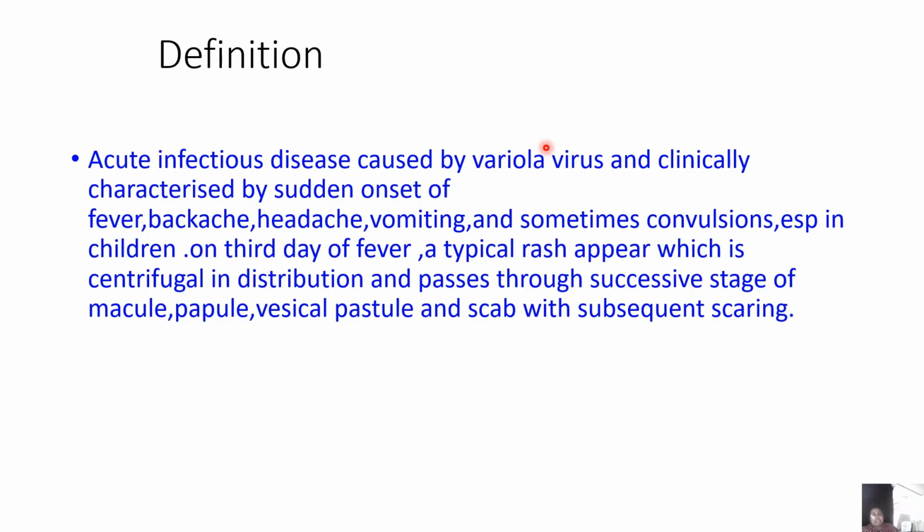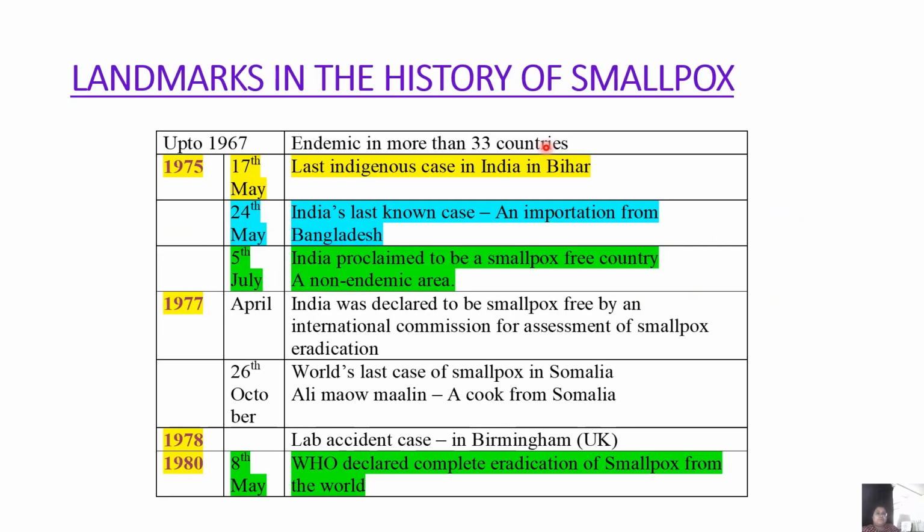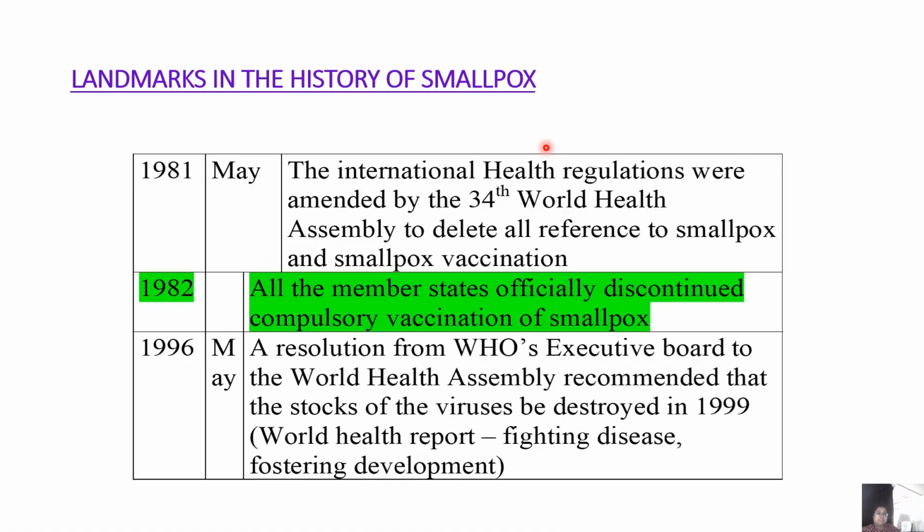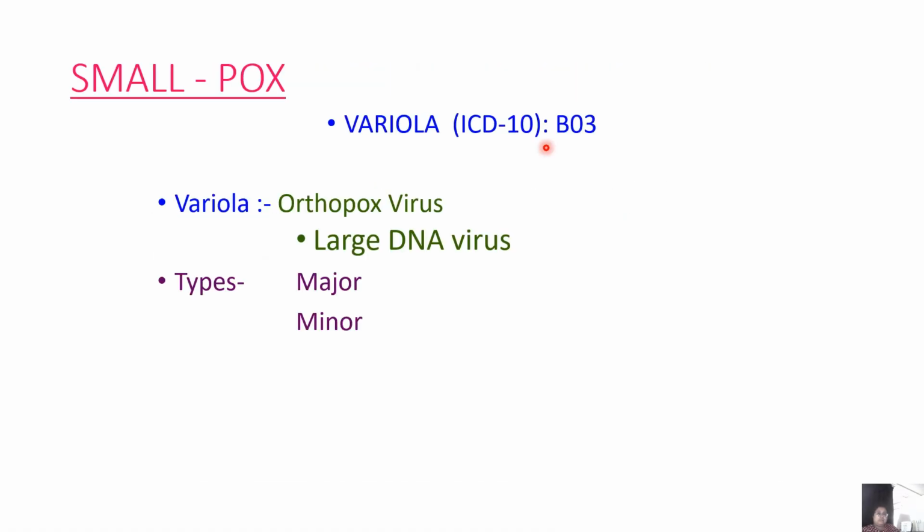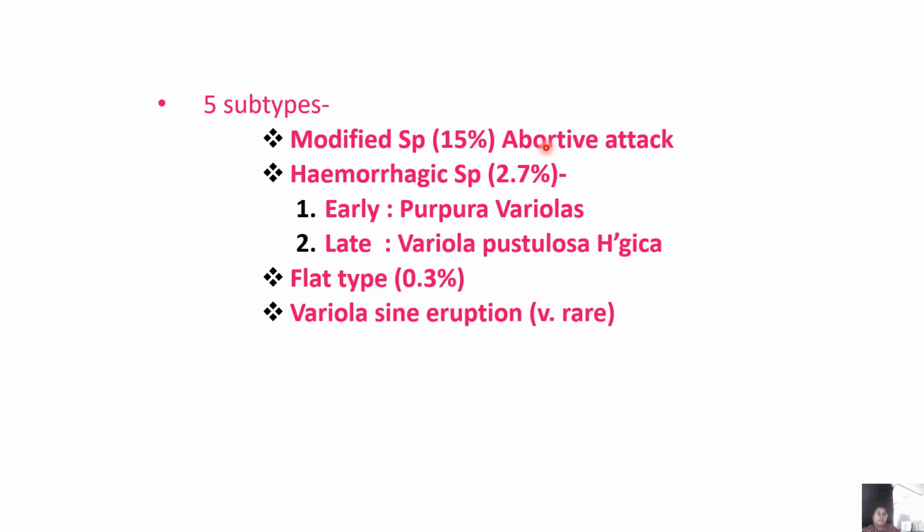A typical rash appears which is centrifugal in distribution and passes through successive stages of macule, papule, vesicle, pustule and scab, with subsequent scarring. Smallpox is caused by the variola orthopox virus. It's a large DNA virus, and can be major or minor.